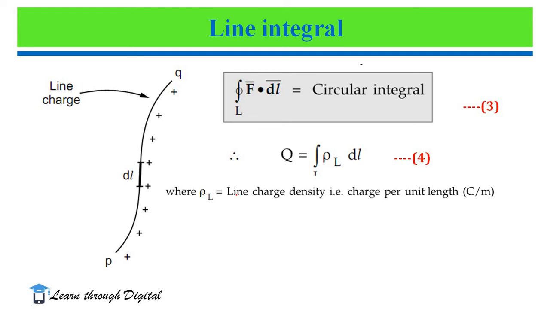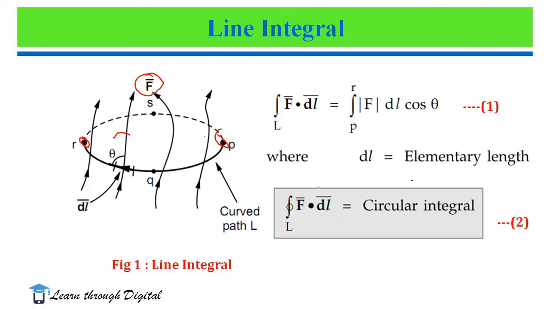Another type is a closed path, as P, Q, R, S and T. In this figure, the open path is from P to R, but the closed path is from P, Q, R and S, and again it reaches P. This is the closed path.